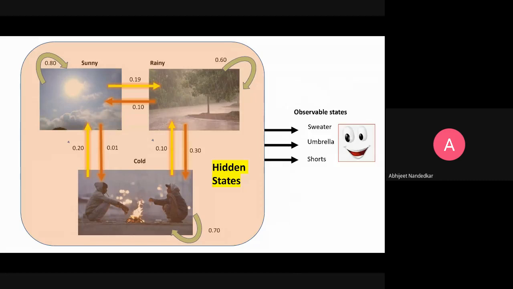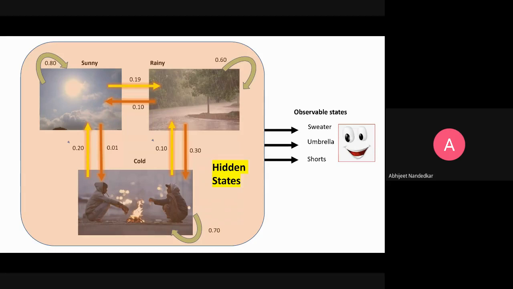Assume that you are currently in a lockdown position and you cannot see the outside world. So what is the current weather outside? You are not able to observe. So all these states, that is sunny day, rainy day, cold day, they are hidden states.